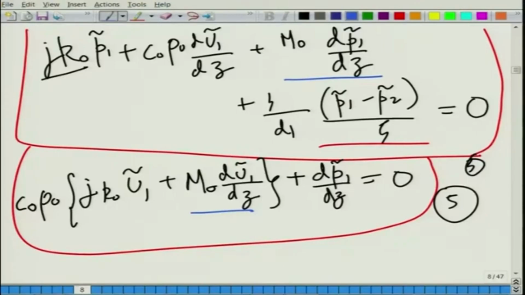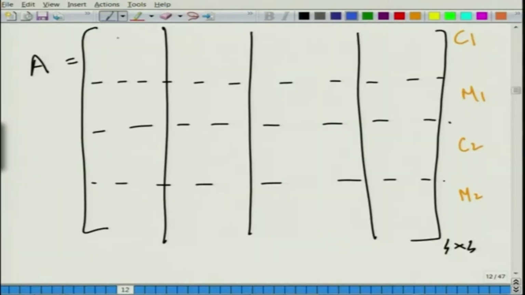So, j k naught will be coming in here, plus there is a clear contribution by the encircled term. You really have to take this to the right hand side. So, this will become minus j k naught and minus 4 d1 by zeta.